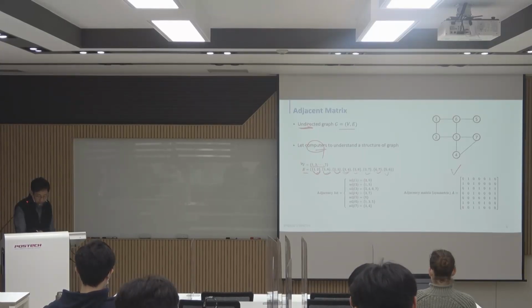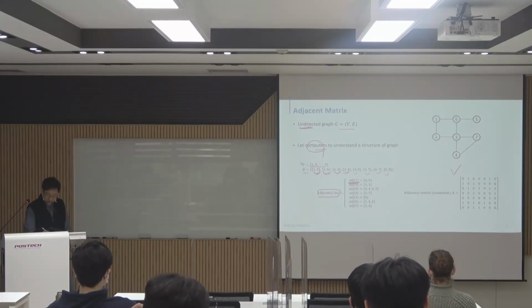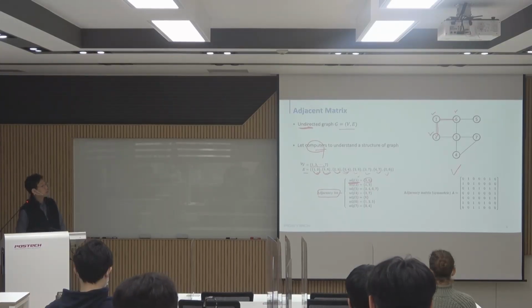And the adjacent list is that we pick node 1, and from the graph we can see that these two nodes are connected. So that's the adjacent list, and you have 2 and 6. That's how you build up the adjacent matrix of A. And again, I said it's symmetric because the model that we have is undirected.